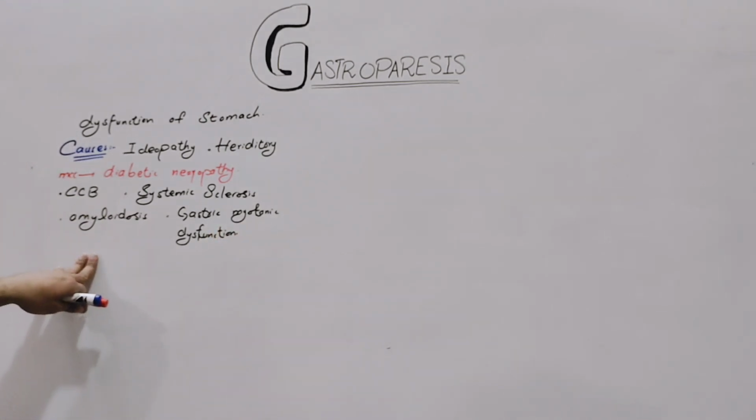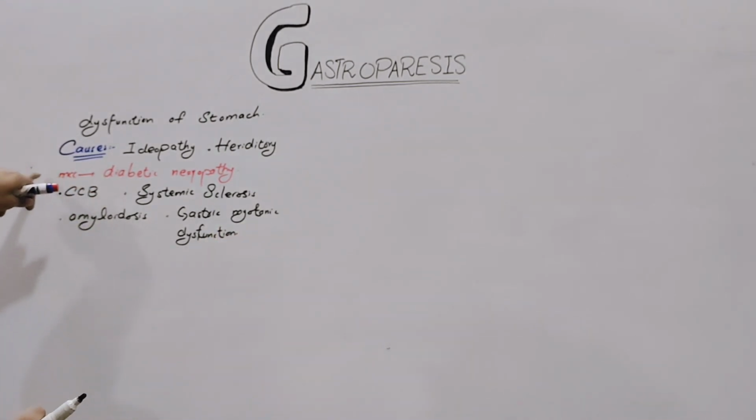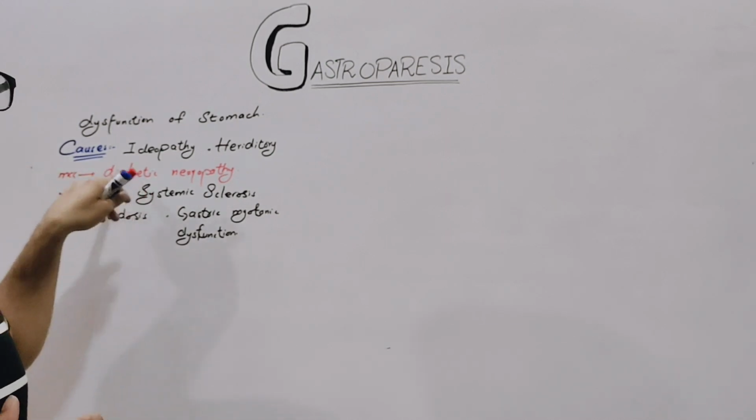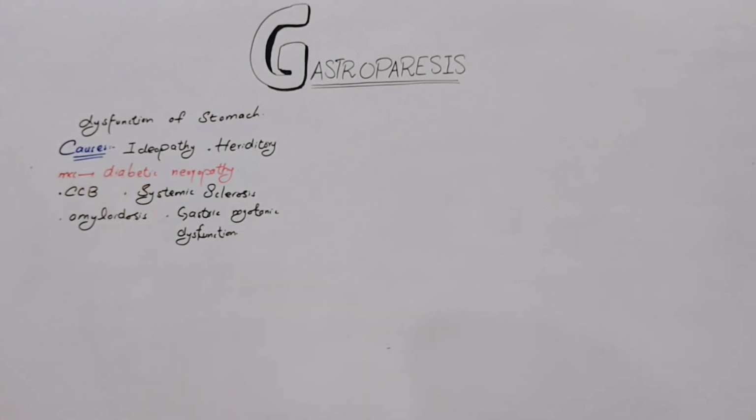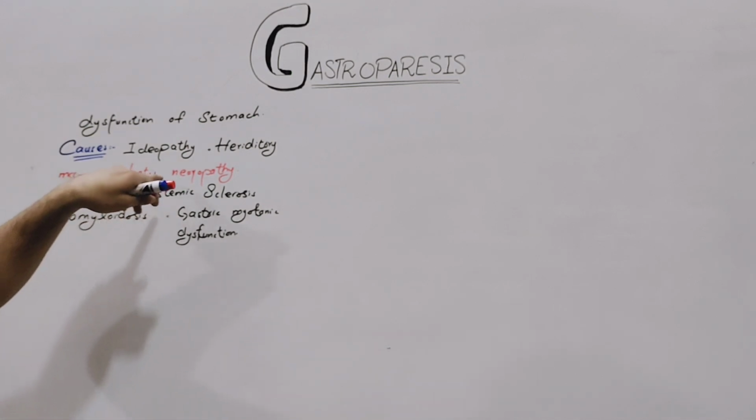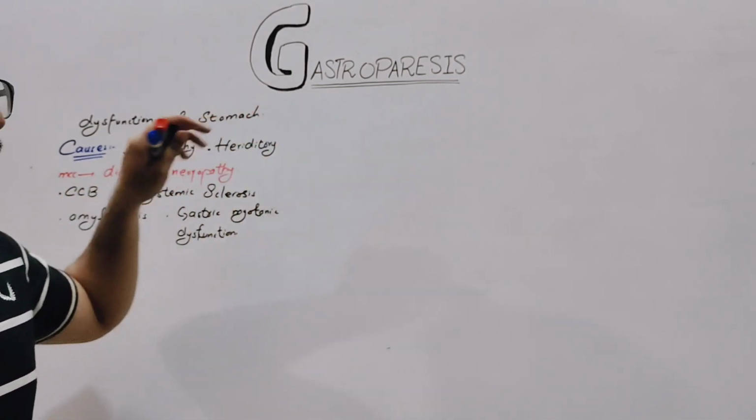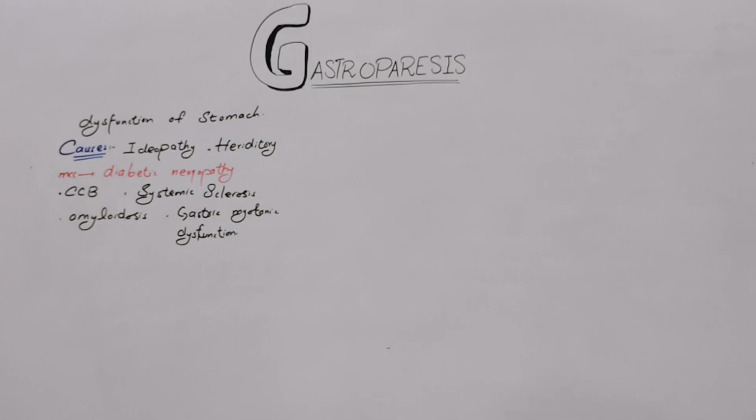These are the conditions, but you should remember only the main one. You should not forget that a patient with diabetes who presents to you with these symptoms, the underlying cause will be gastroparesis. So let's discuss the symptoms.